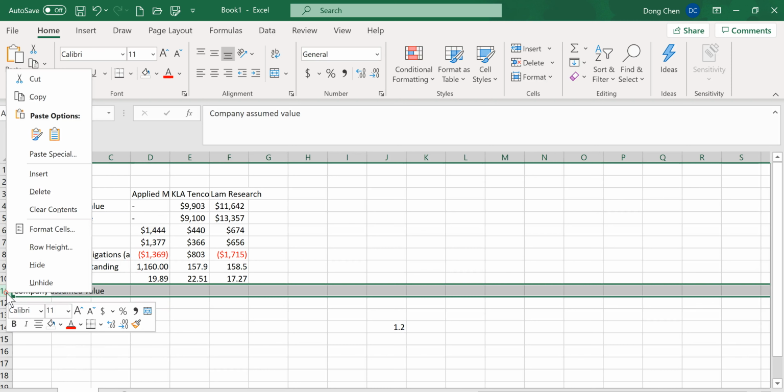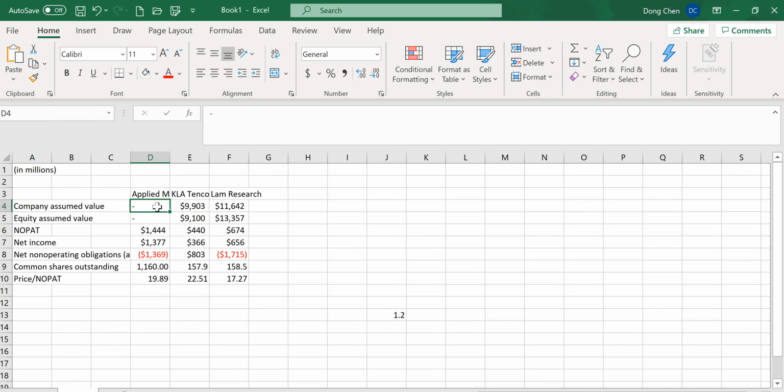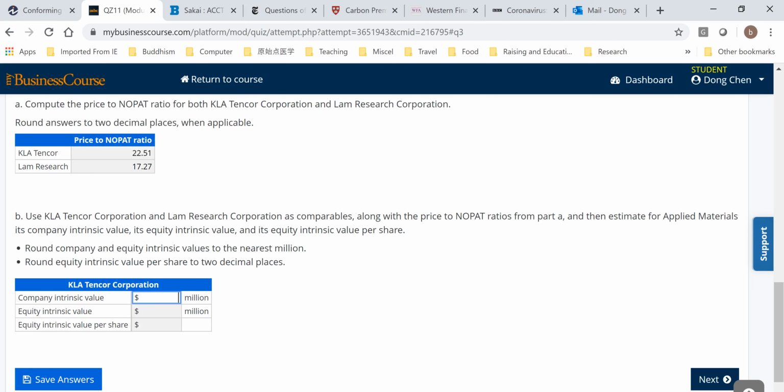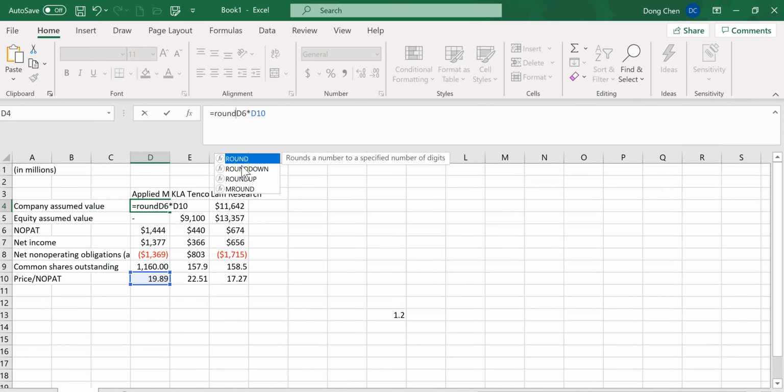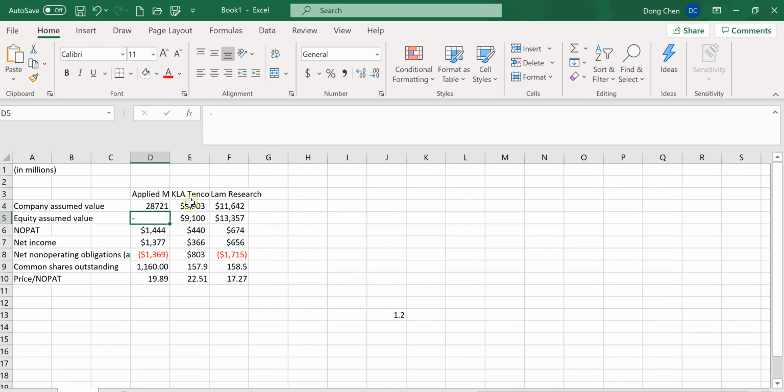So actually there is already the space. This will be NOPAT times the price to NOPAT ratio. Here I just need to follow the rounding requirement: round company and equity intrinsic values to the nearest million, so I don't want to keep any decimal places here.